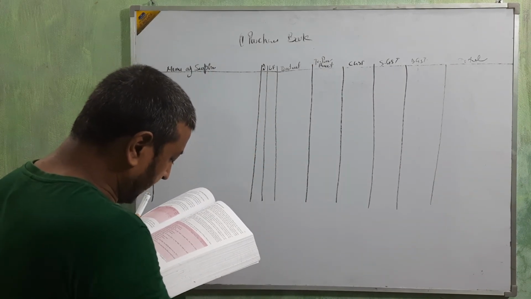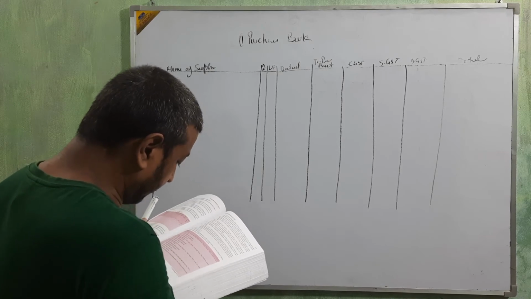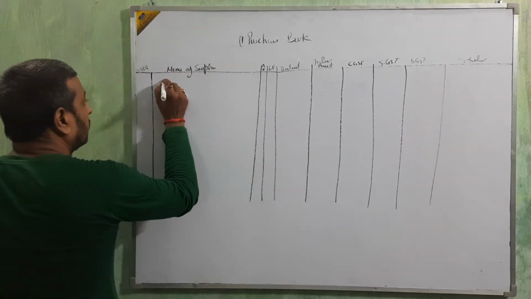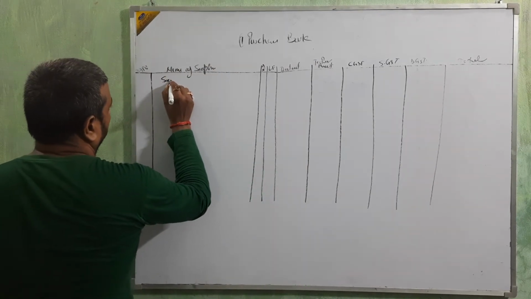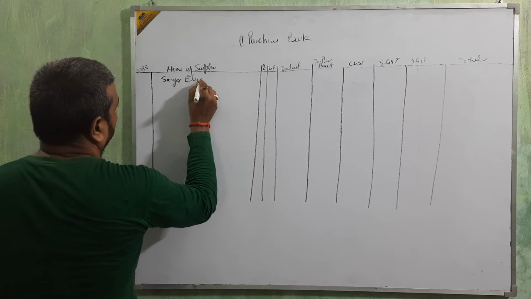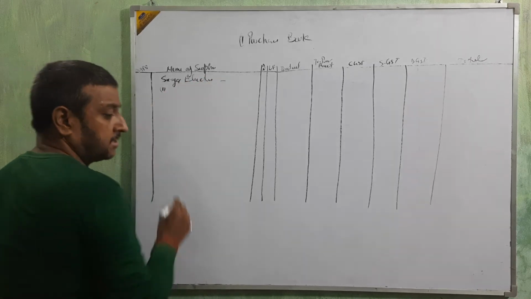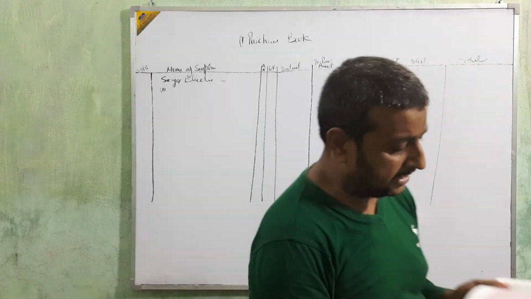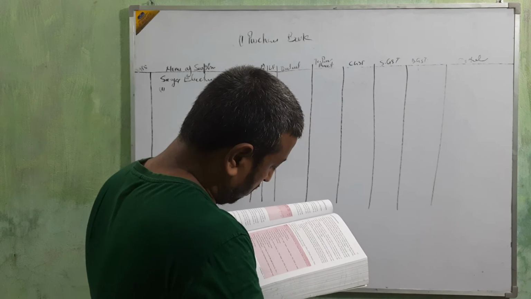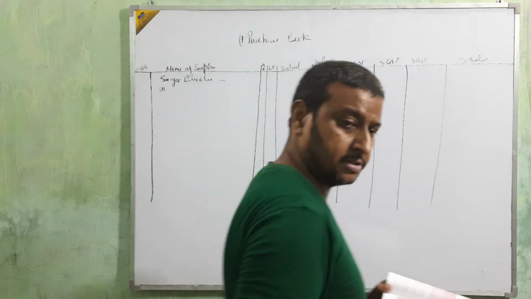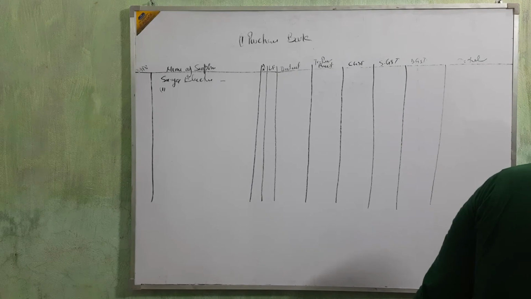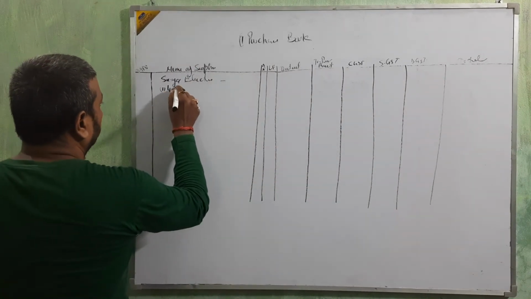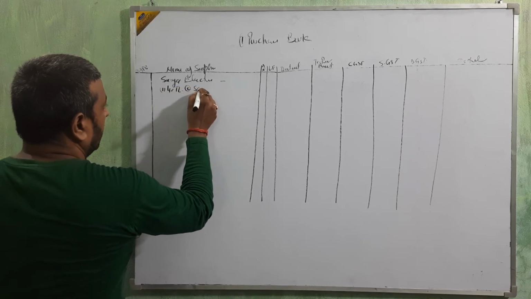Purchase goods from Surya Electronics. Okay beta, then we are going to enter Surya Electronics here. Then what do we enter first? 40 tube lights, at the rate of 500 each.